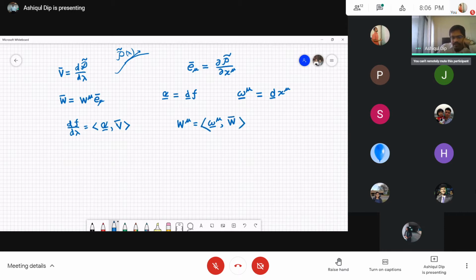Like that. Then for some one form beta, these are the components, and then this is the basis. The components of beta were like this.